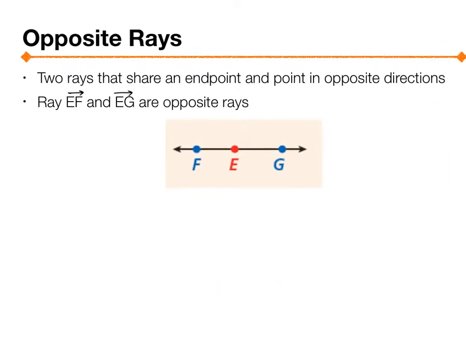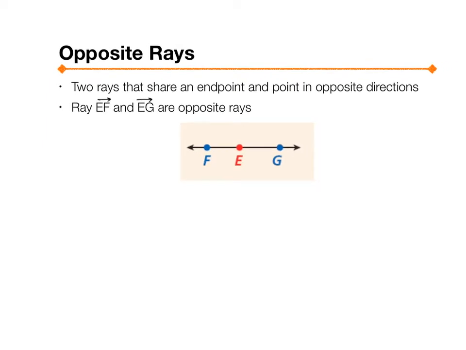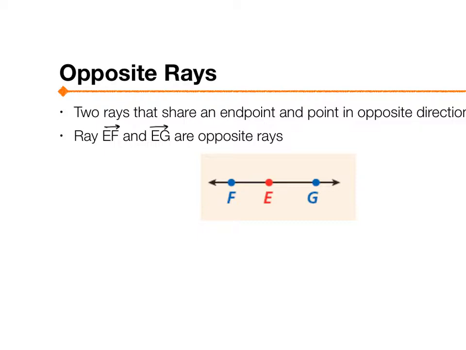Opposite rays. Two rays that share an endpoint and point in opposite directions. So here we have ray EF. Let's use red. Ray EF. So it would start at E and go through F and point to the left.